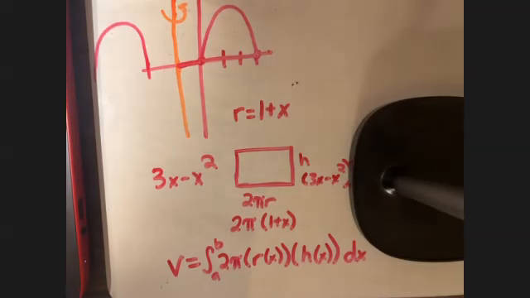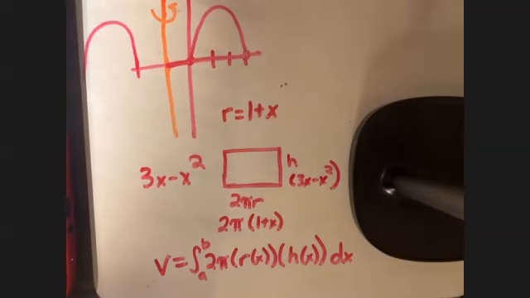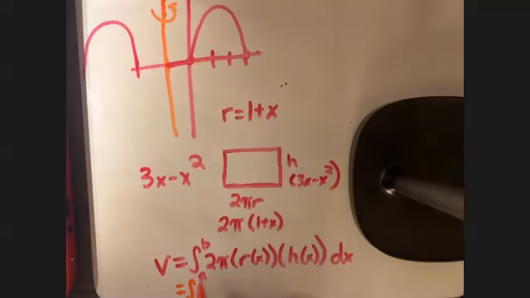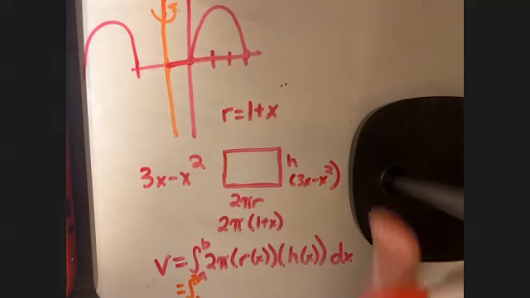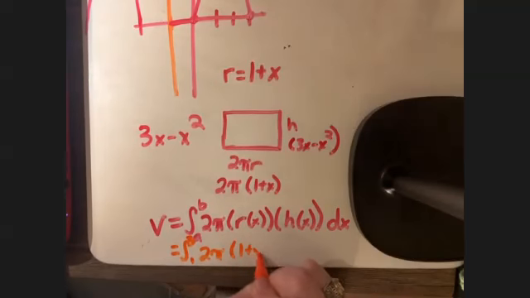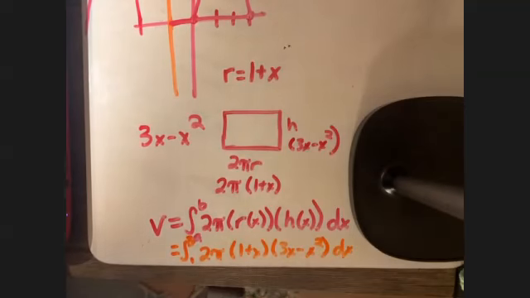So if we were going to worry about the one that we were just talking about, I would have an equation that looks like the integral from 1 to 3 of 2 pi (1 plus x) times (3x minus x squared) dx.